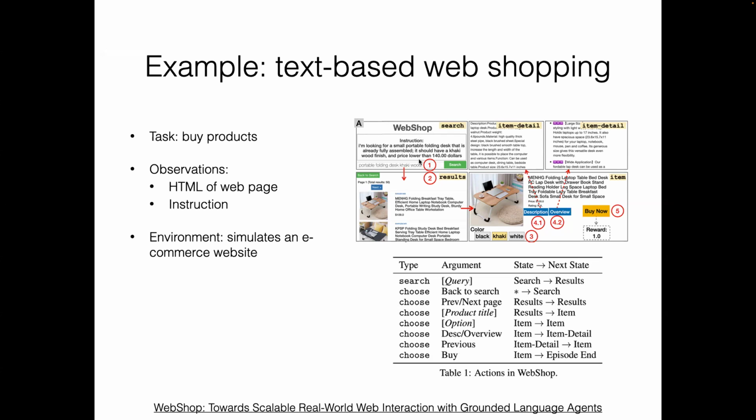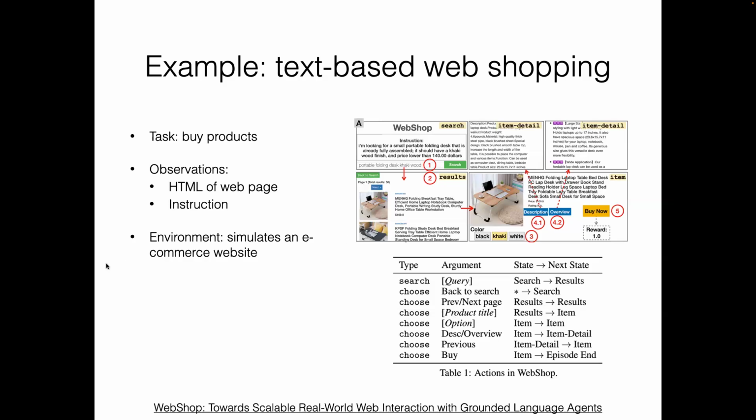It should have a khaki wood finish and be priced lower than $140. Then the model has this specialized action space, which is specific to their environment. It has things like choose product title. And then the agent can go and try to perform different actions to fulfill the task.